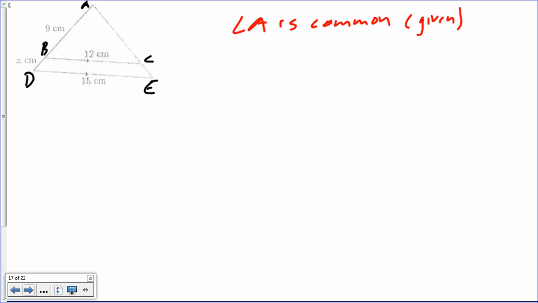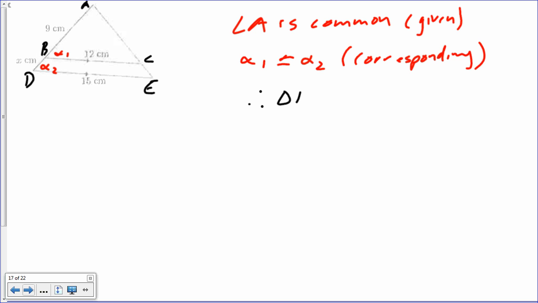We've got a parallel line there, so we can go alpha 1, alpha 2. Alpha 1 equals alpha 2 because they are corresponding angles. So now we can say, therefore, triangle ABC and triangle ADE are similar.